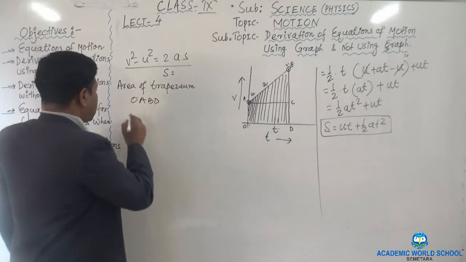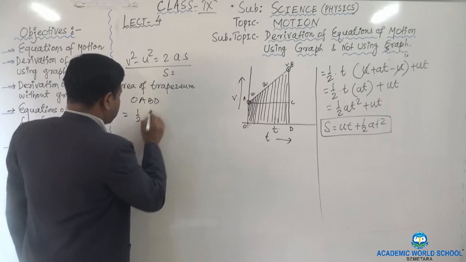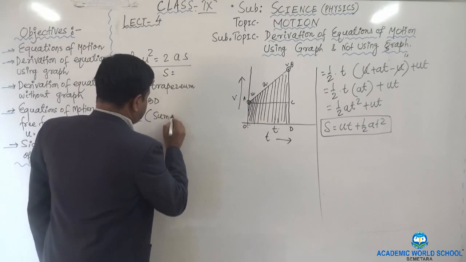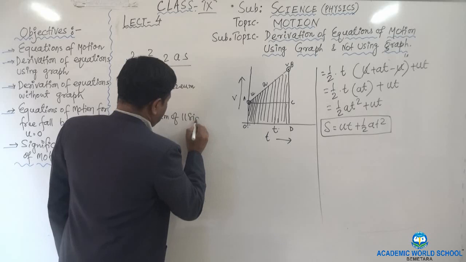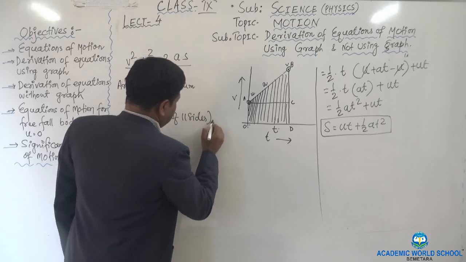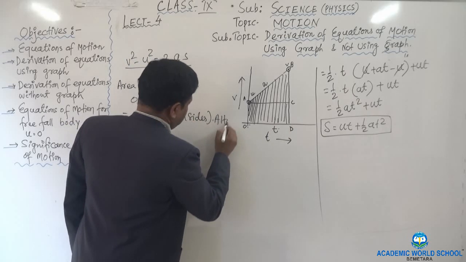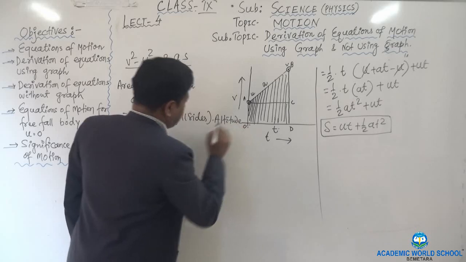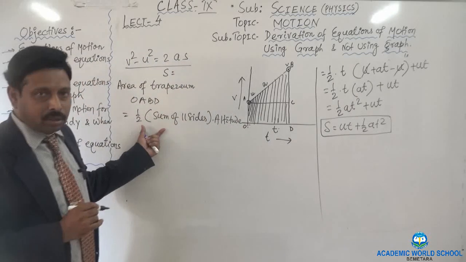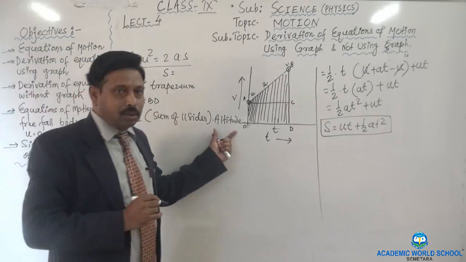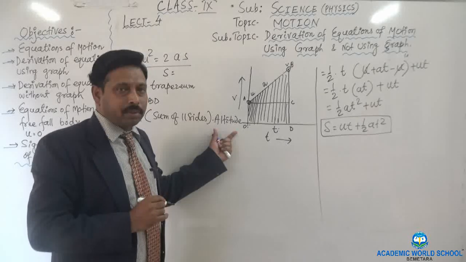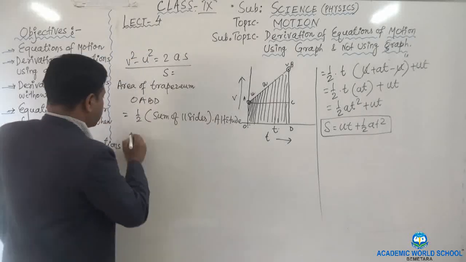So what is the formula? I told you, half into sum of the parallel sides into altitude. Again I repeat, half into sum of the parallel sides into altitude. This is the area of the trapezium. Now let me put the value.